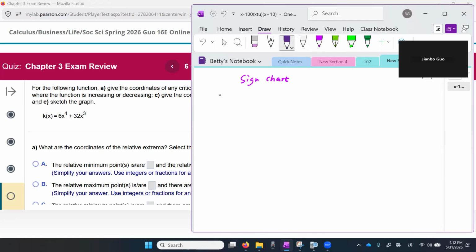So we start with the function K. K of x equals 6x to the power 4 plus 32x cubed.